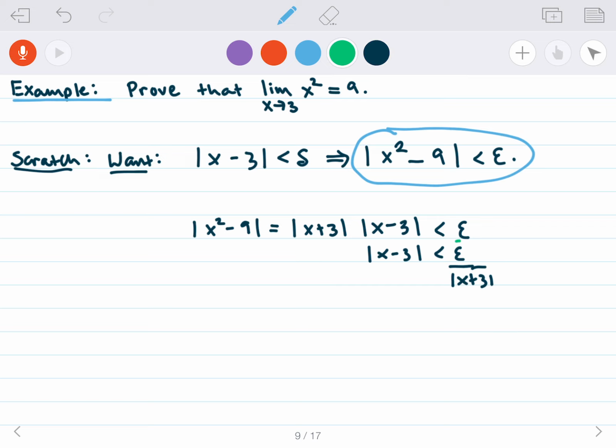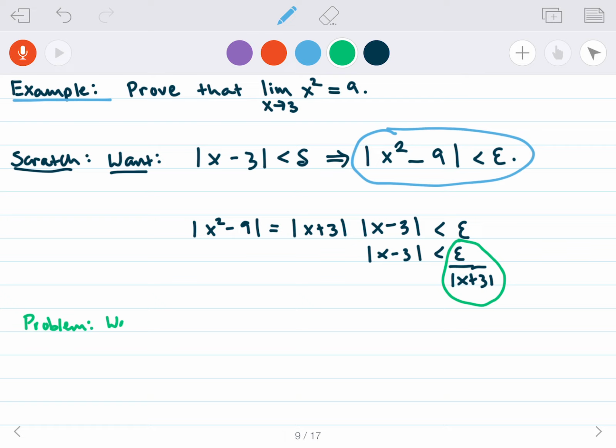But I don't want to choose delta equal to this because remember, delta does not depend on anything but epsilon. And we have this x in here. So that's a problem. Okay, so here's the problem.